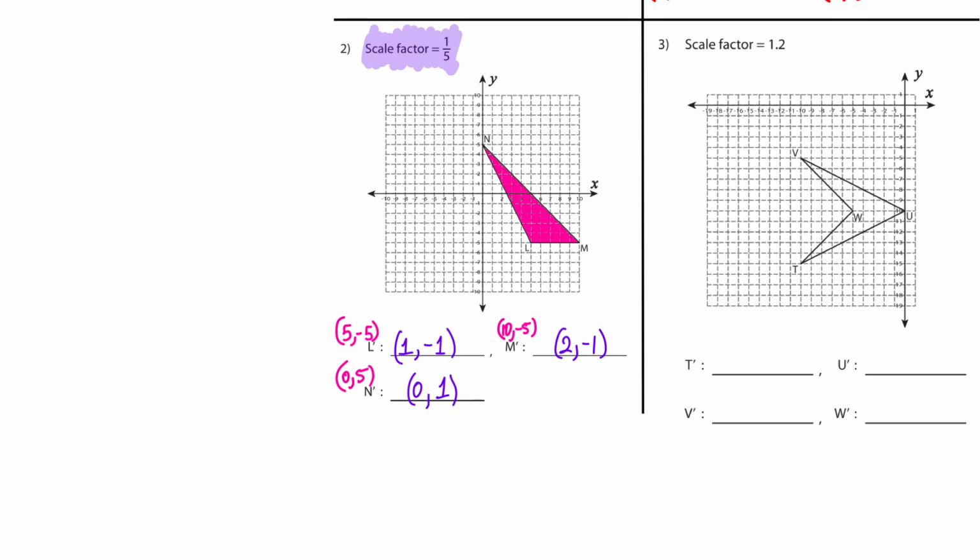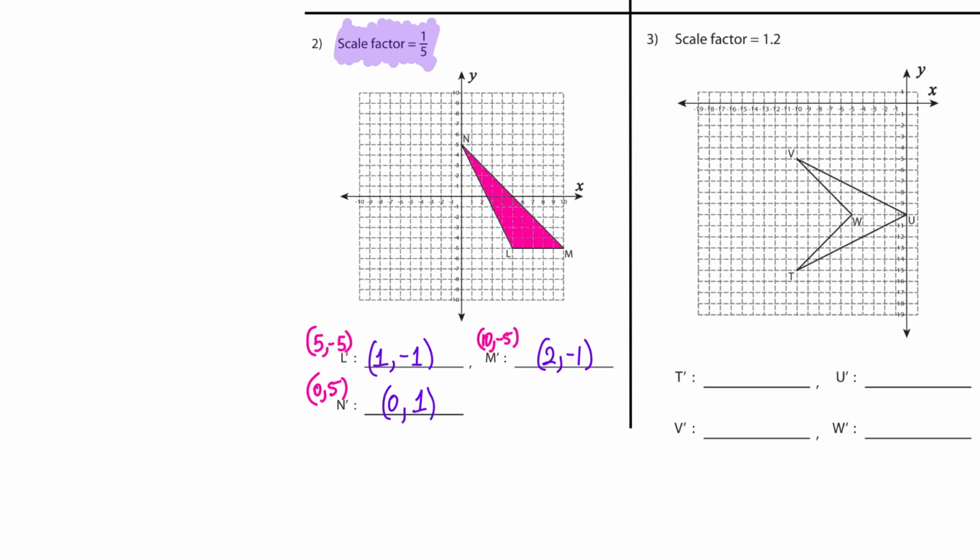So those are going to be the coordinates of my new triangle. So we have 1, negative 1. We have 2, negative 1, and 0, 1.